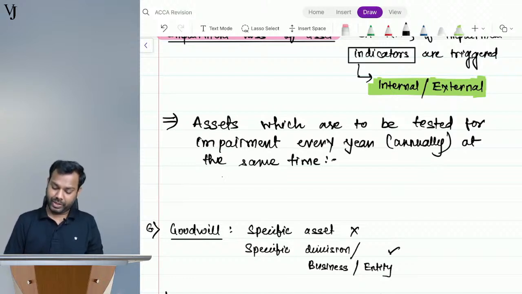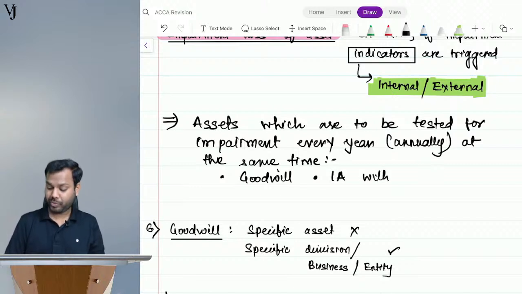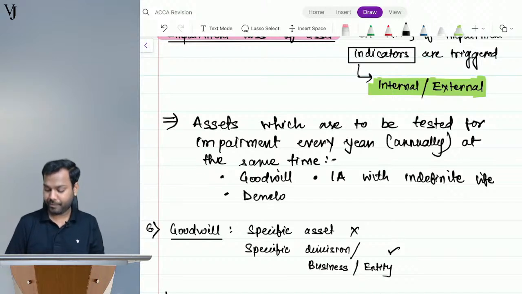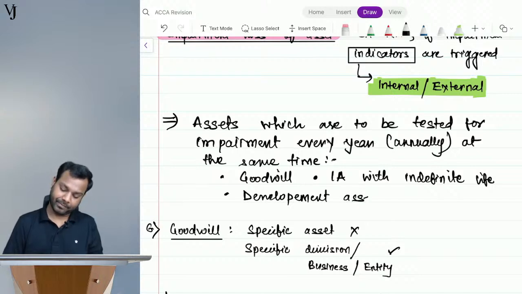Okay, these are goodwill, intangible assets with indefinite life, and development assets.